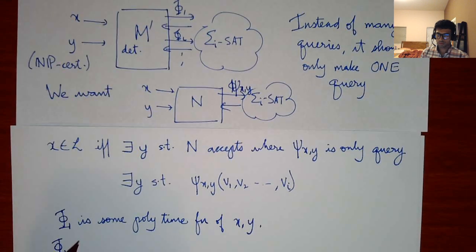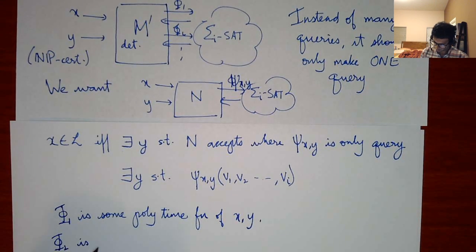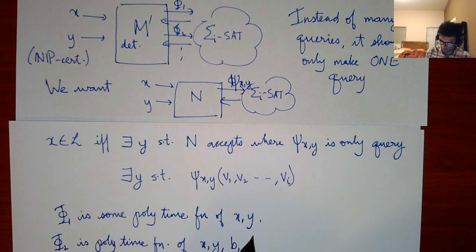Phi 2 is a polytime function of x, y, and b1, where b1 is the indicator for phi 1 being in sigma I minus 1 SAT.